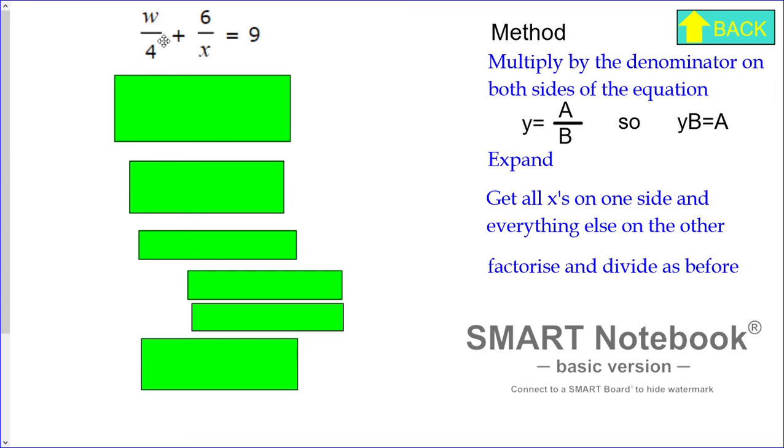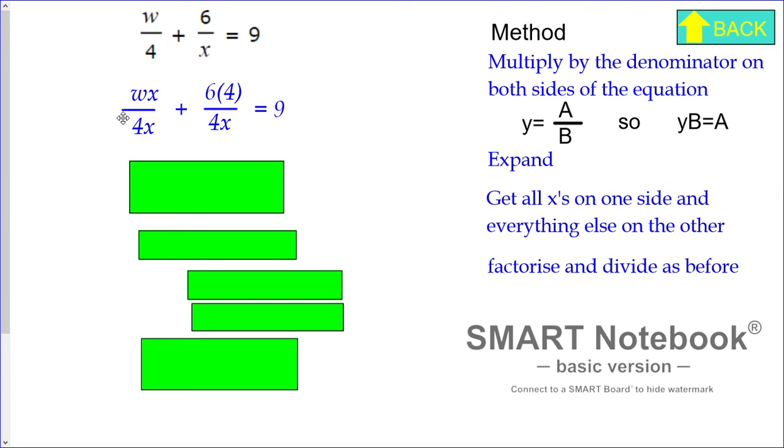What's the common denominator of our fractions? Well, it's 4 for the left one and x for the right, so our common denominator is 4 multiplied by x. The left one we have to multiply by x on the top and the bottom to get an equivalent fraction. And on the other one we have to multiply by 4 on the top and the bottom to get an equivalent fraction.